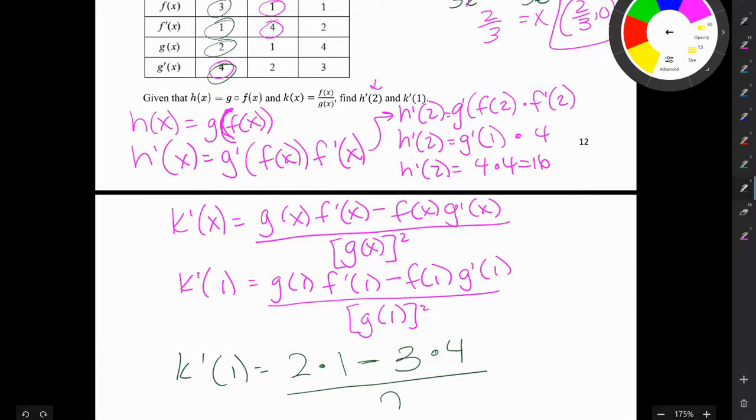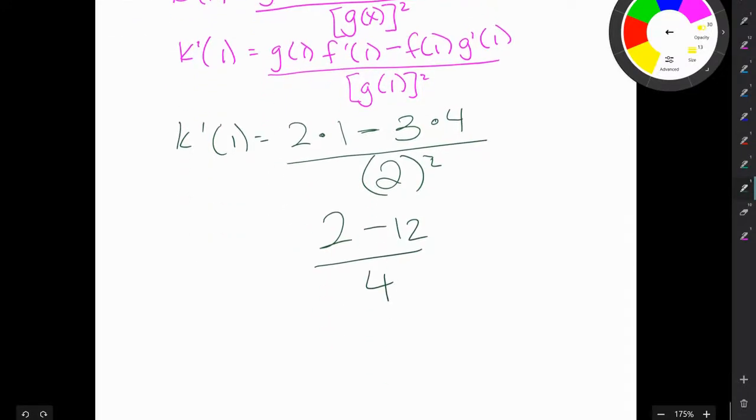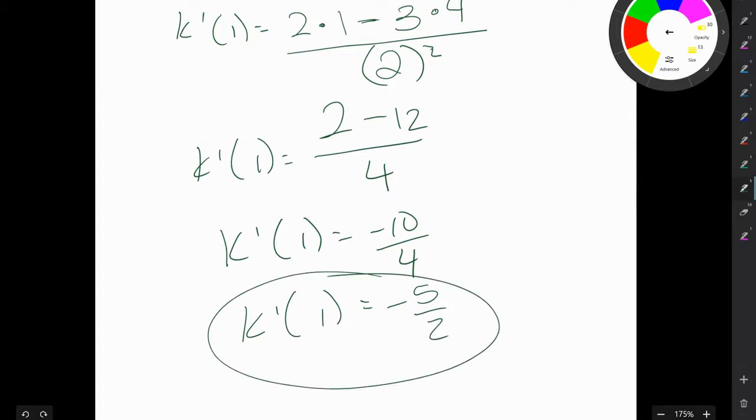So g of 1 would be 2 squared. 2 times 1 is 2 minus 12 over 4. So that means that k prime of 1 is negative 10 fourths. So k prime of 1 is negative 5 halves. And we are all set.